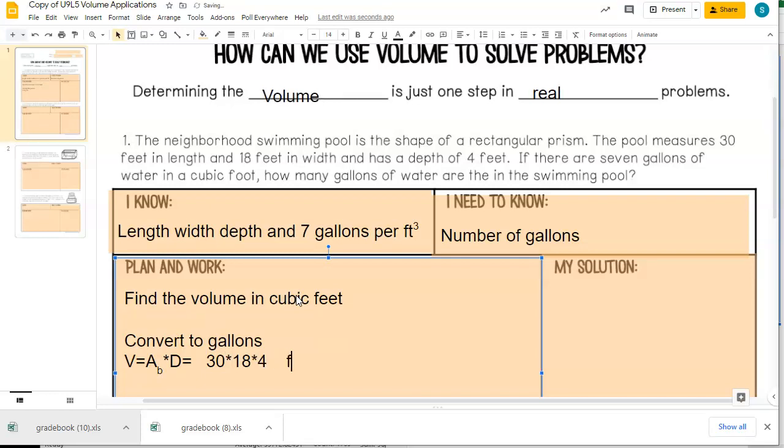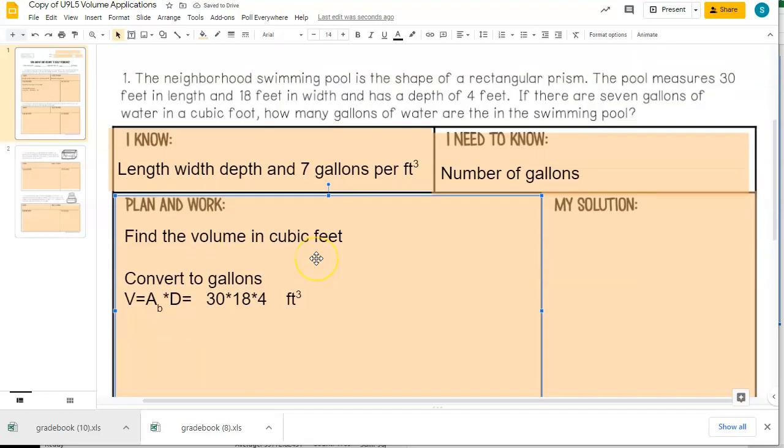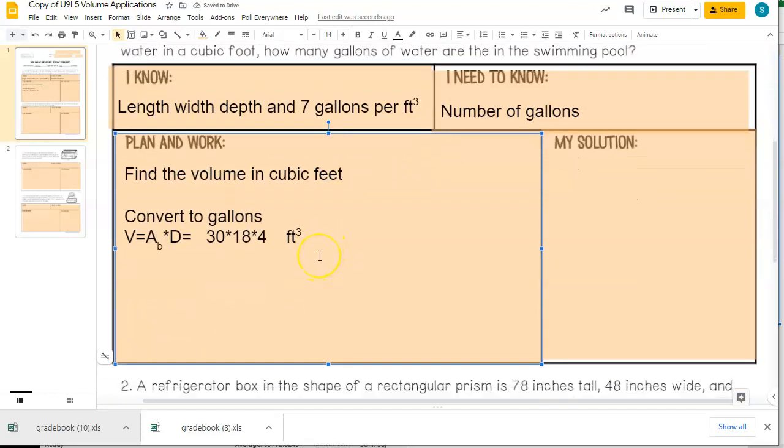And that's going to be feet cubed, right? Then, to go from feet cubed, every foot cubed is 7 gallons, so we're going to have to multiply that answer by gallons. And we're going to watch that conversion.